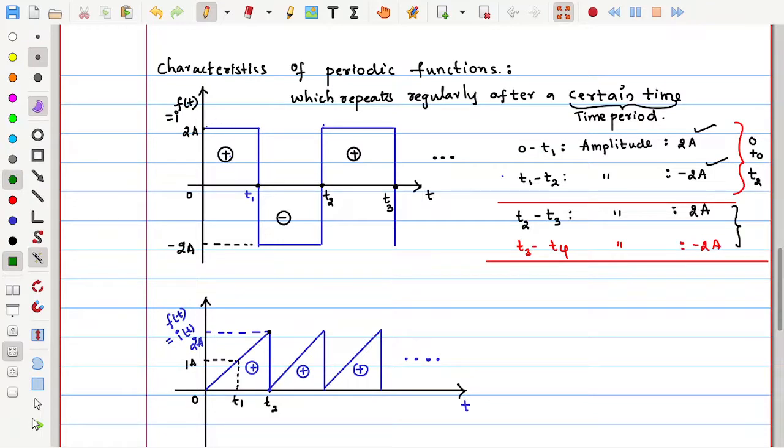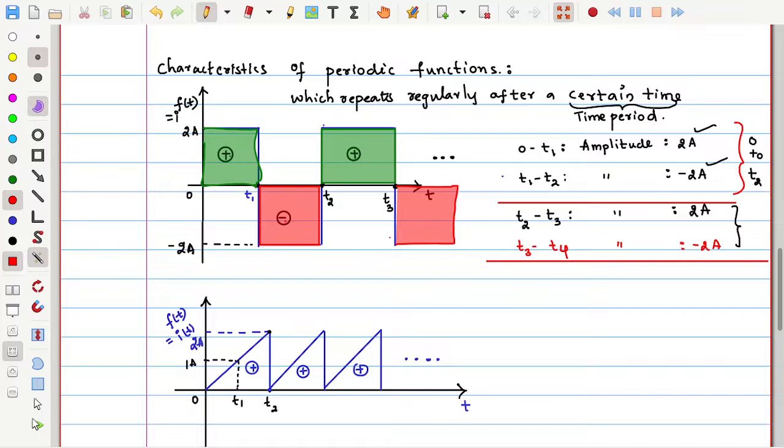This one, let me show you. This nature is going to be repeated again. So this is, let us say, negative, and this copy is repeating over here. See here, this is again the same as the previous one, and next what I will get is this negative one. So this keeps on repeating: green, red, green, red, green, red.